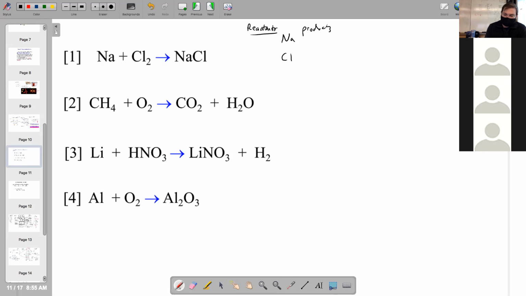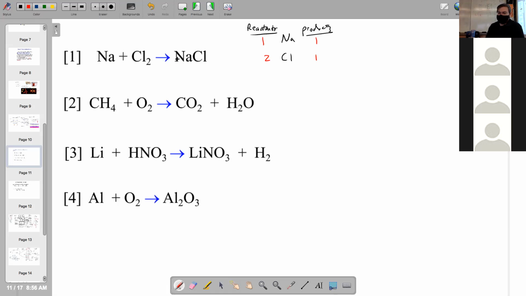So if you make a list of how many atoms in reactant and product for each of the chemicals, that's a starting point. I got 1 sodium and 2 chlorines. Those are my reactants. And as products, there's only 1 sodium and 1 chlorine. So it's unbalanced because on the left-hand side, there's 2 chlorines, but only 1 chlorine on the right.